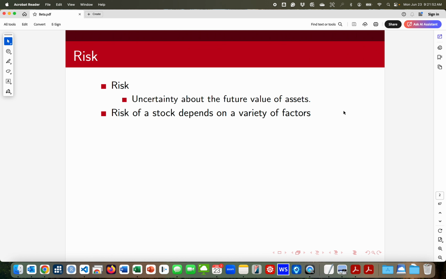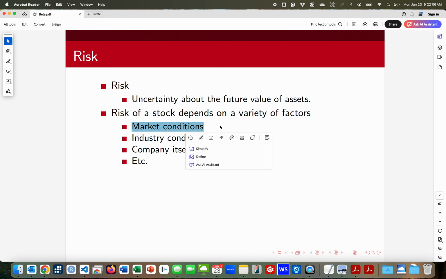There are various types of risk. There's market conditions, industry conditions, the company itself. So risk can come from a number of different levels. It can come from things that are going to affect everyone in the market. There are things that affect particular industries. There are things that affect particular companies.